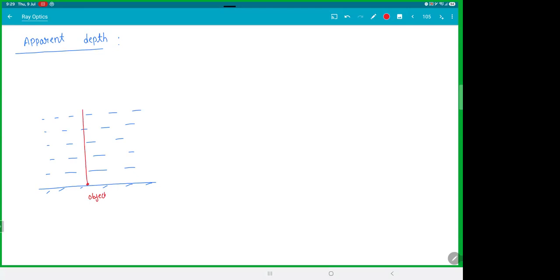Now, if you see the light rays here, this light ray will go straight and these light rays will deviate a bit. So when you extend them, the person who is outside will start thinking this is the image. I'll exaggerate a little bit. So for a person here, he will feel that is an object there. This is an observer.